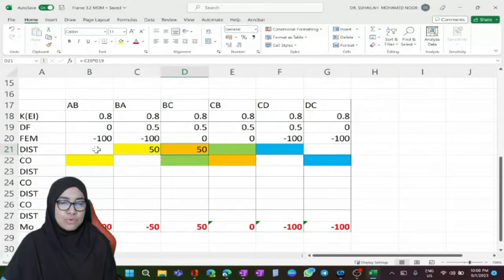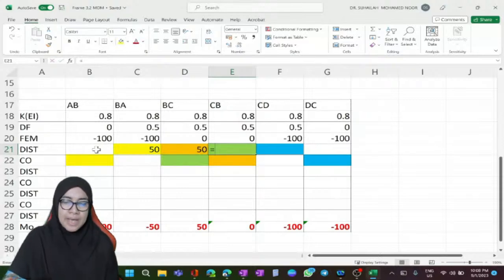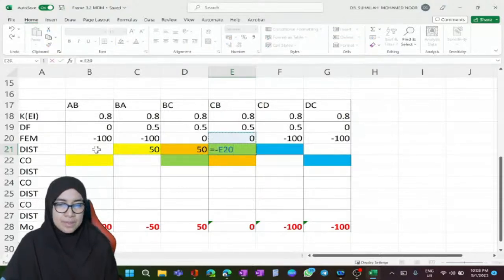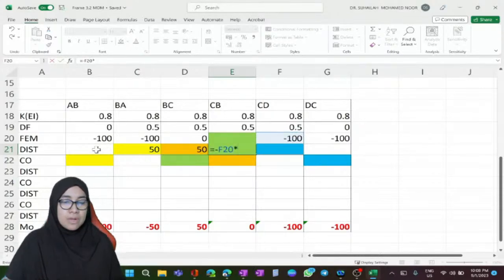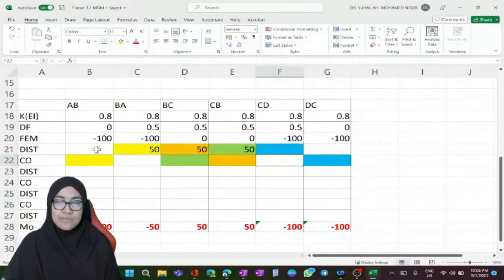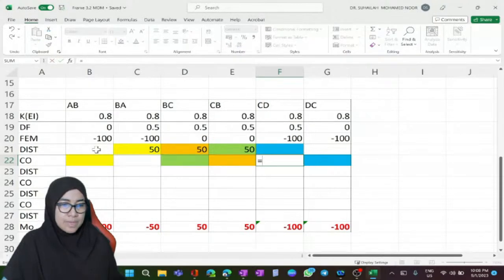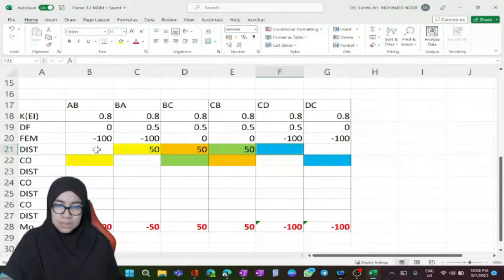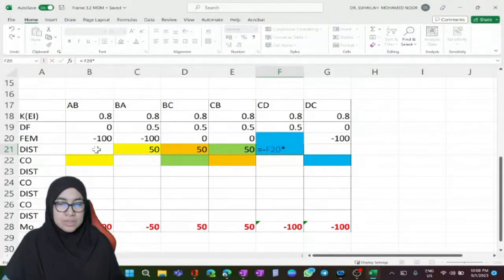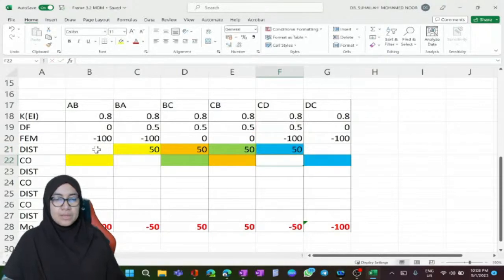Okay, we move to joint C. So we get negative 100 times the factor. Factor is 0.5, so we get 50. So we get the same here. Negative 100 times 0.5.